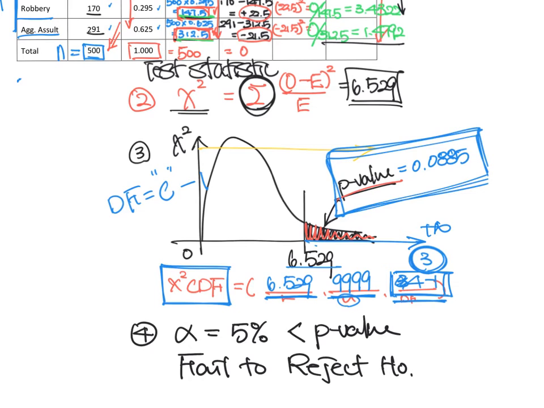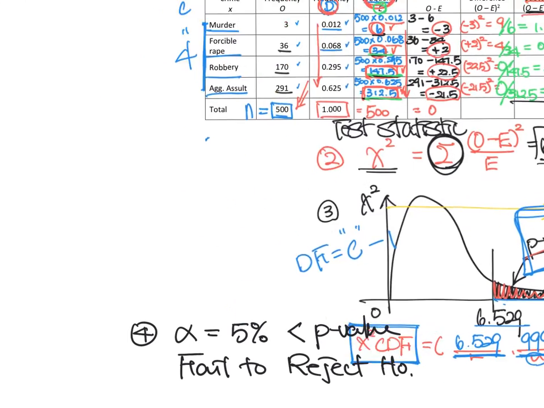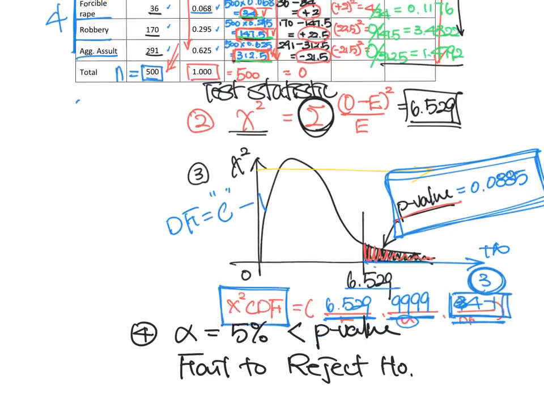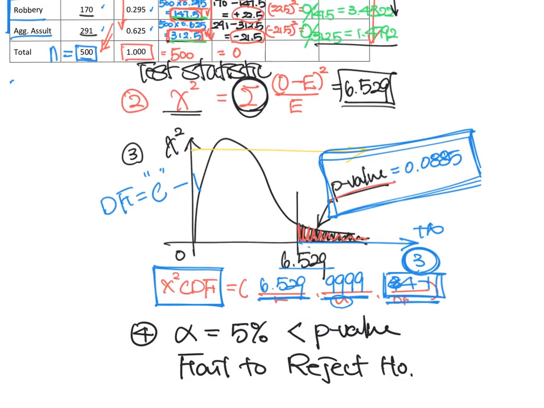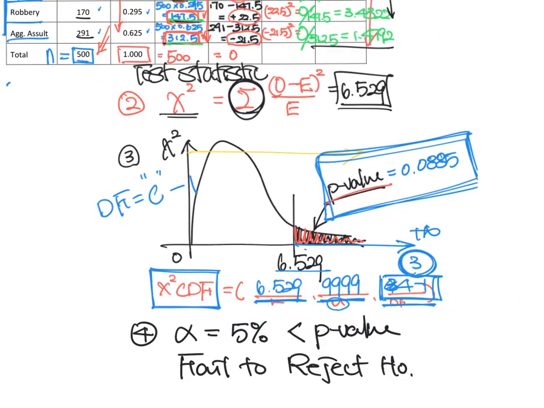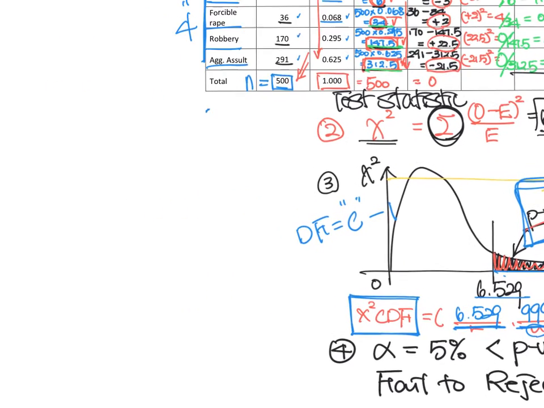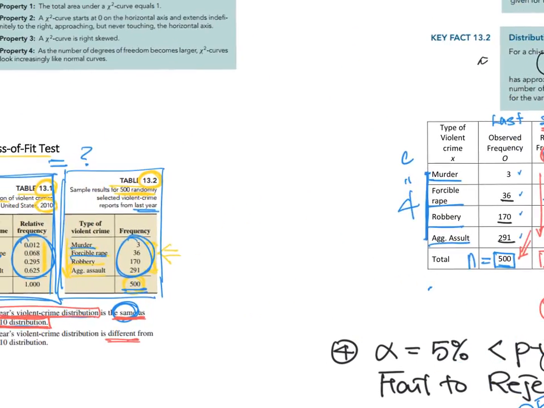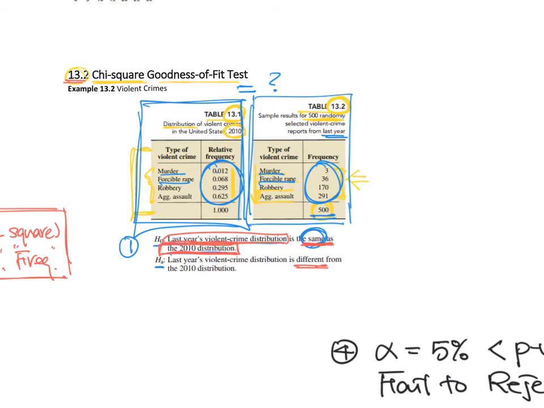If the p-value is less than alpha, less than 5%, then we can reject the null hypothesis. What was the null hypothesis? Let me go. Oops. Yeah, the null hypothesis was this. They are the same, and we did not reject the null hypothesis.